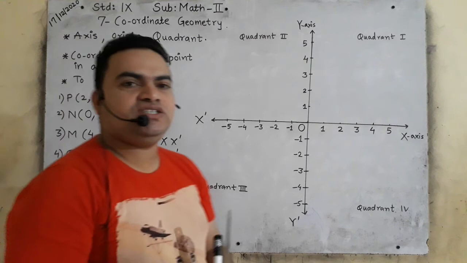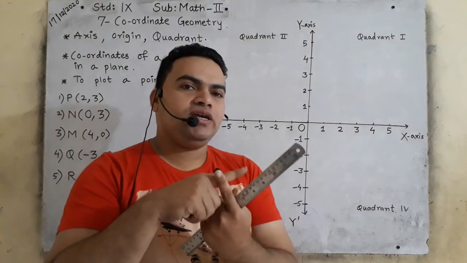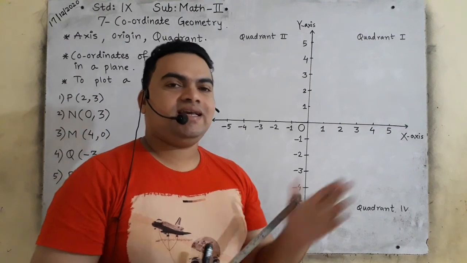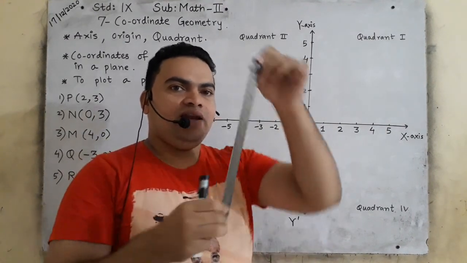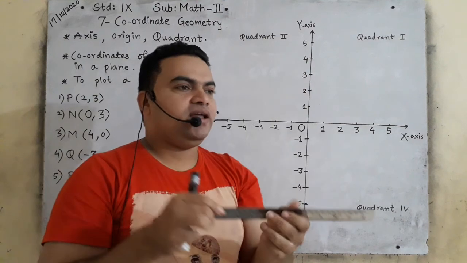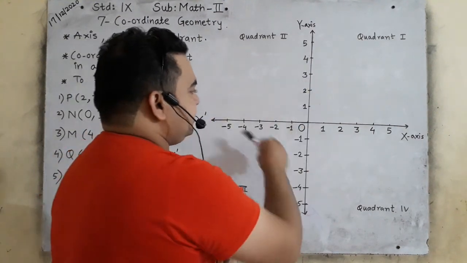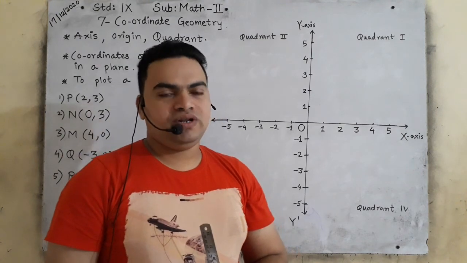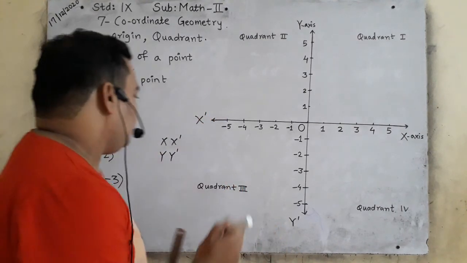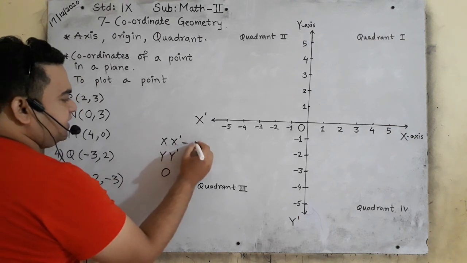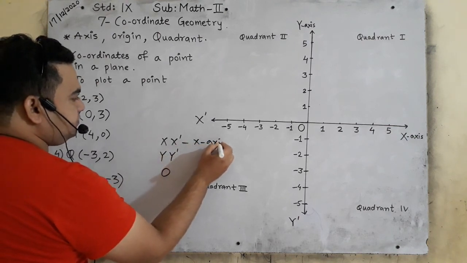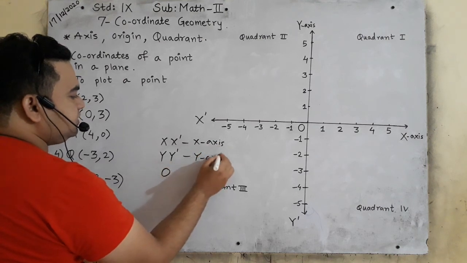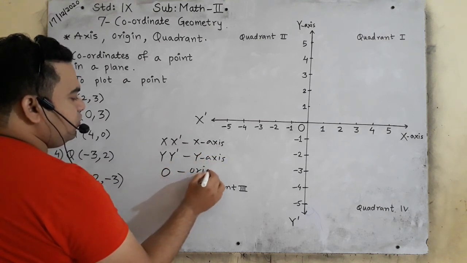So what is origin? The intersecting point of two axes. Wherever these two axes, the x-axis the horizontal line and the y-axis the vertical line, are intersecting each other, that point is known as the origin, and it is represented by O. This is the x-axis, and this is the y-axis, and O for origin.